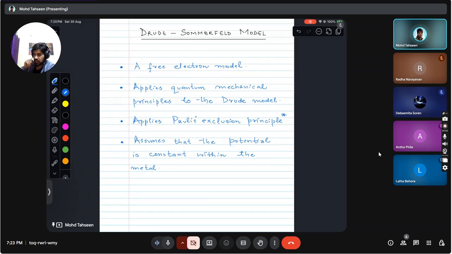What it means is that there is no preference that an electron would like to be in one position or another position, right? If there is a square, let's say our metallic sample, of length 1 centimeter, and there's some free electron present inside that sample, then if the potential is constant, that means there is no preferred location that this electron would like to stay at.